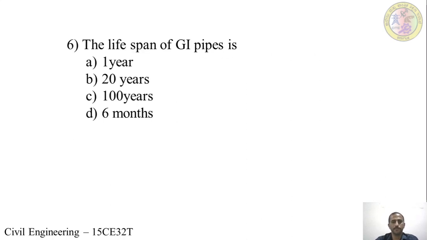Question number 6. The lifespan of GI pipe, that is galvanized iron pipe, is A. 1 year, B. 20 years, C. 100 years, D. 6 months. The answer is 20 years. Its lifespan is not long, it is around 7 to 20 years.